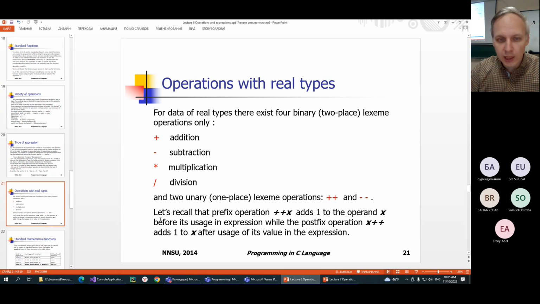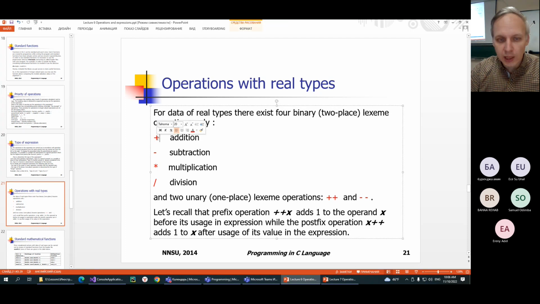I said that these two data types differ in the range of representation of real numbers, and also in precision. Double has twice more digits after the decimal point. Its precision is two times more accurate in comparison with float.